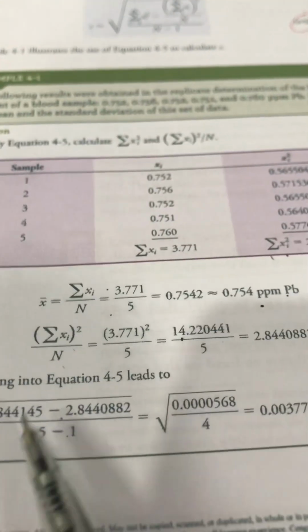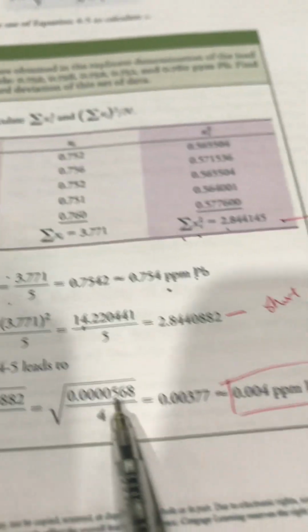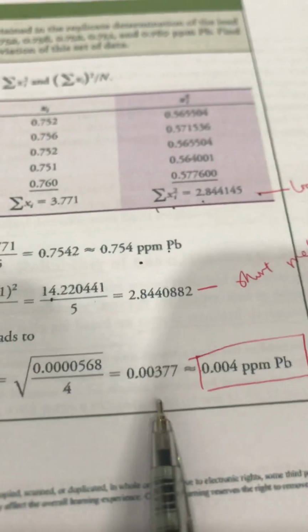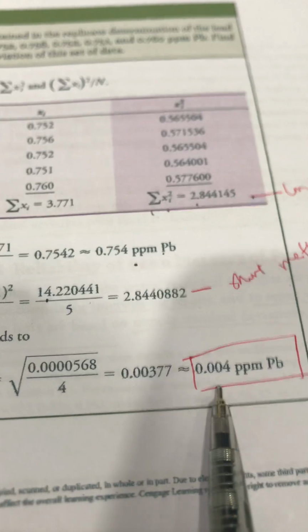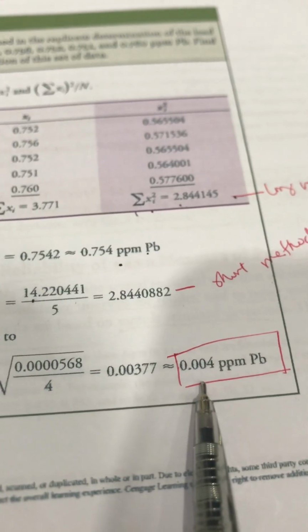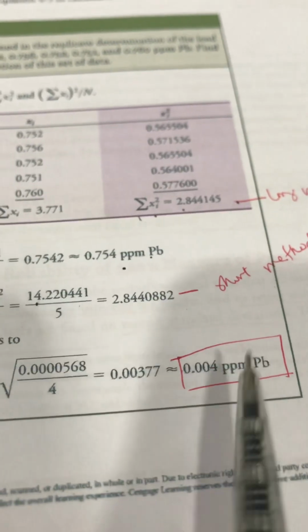So you just deduct these two, divide by 4, and that will give you 0.00377, or using the significant figures, 0.0038 ppm of lead.